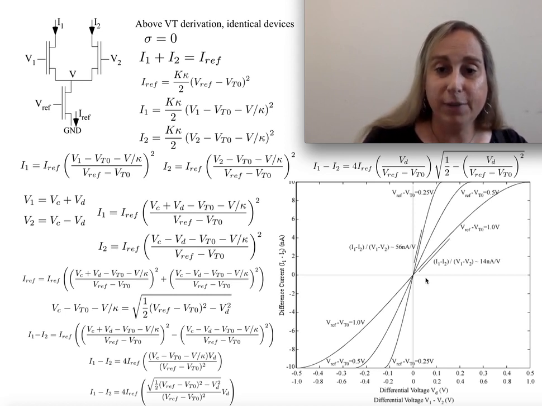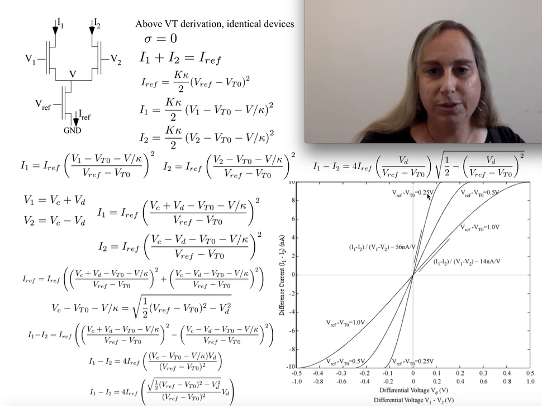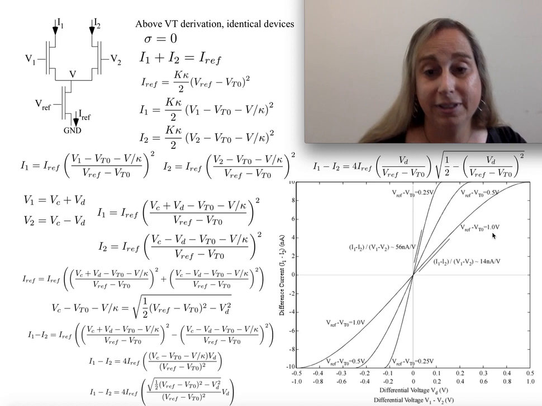But here's the thing, if you actually plot those curves out, then you say, well, what happens for a certain V ref minus VT0? Say that that's equal to 0.0, a quarter, a half, or 1. What you find is that, yes, indeed, you actually see that this slope changes.